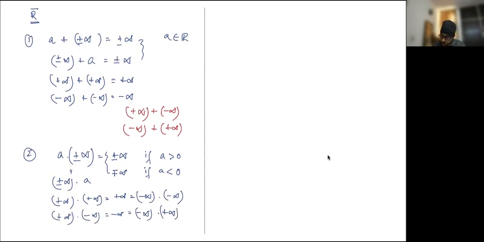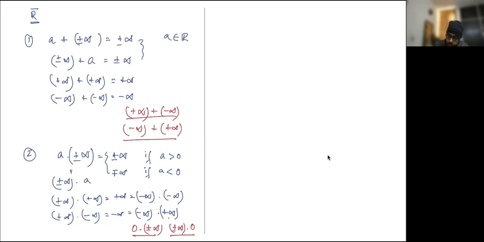And what is left undefined are the products, and also the same product in the opposite order. So these are the two things left undefined here.